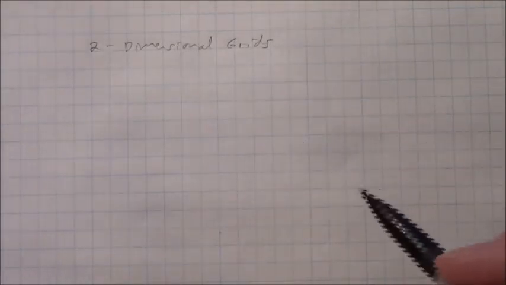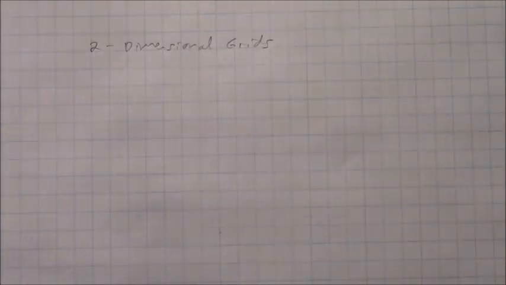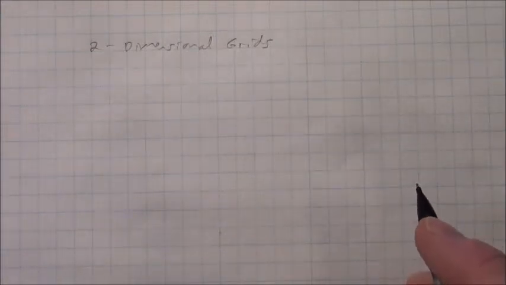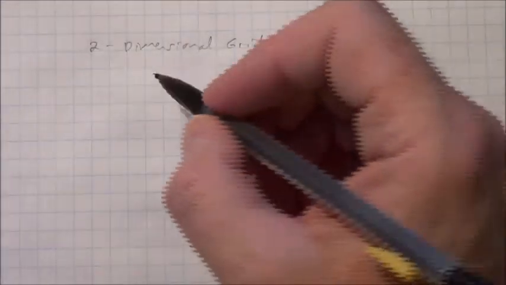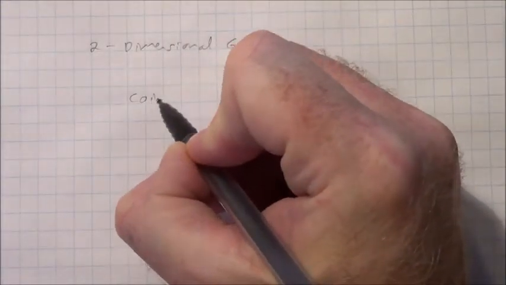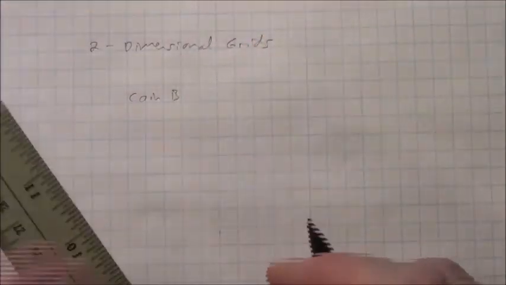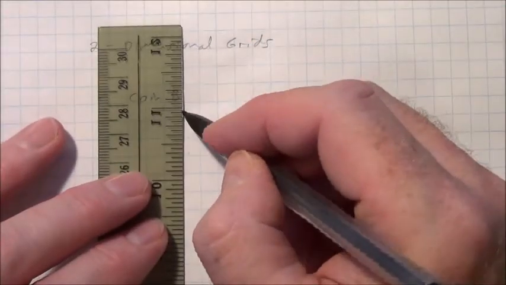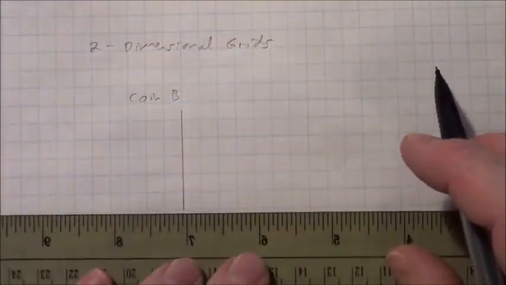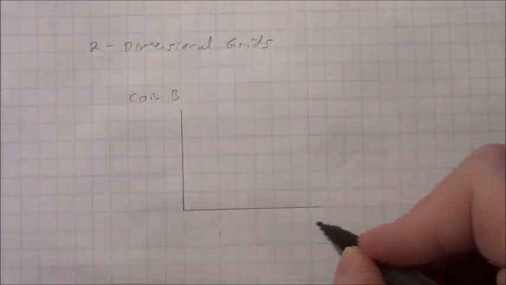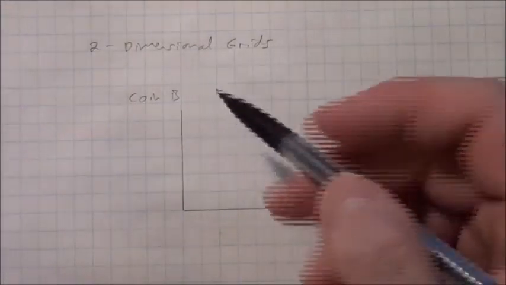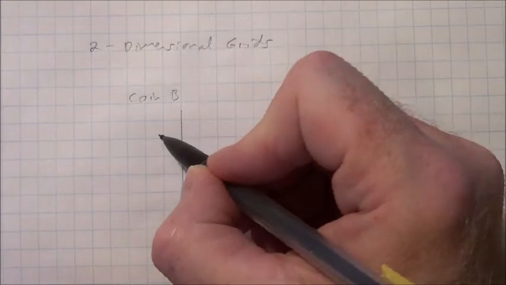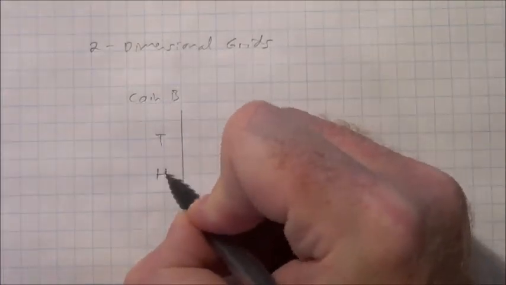So if we're to look for the favorable outcomes of some sort of event or experiment, suppose we say, okay, so here's coin B, so we're going to flip 2 coins now. So here's coin B, and coin A will be here. The outcomes of coin B when it's flipped are either going to be tails or heads.